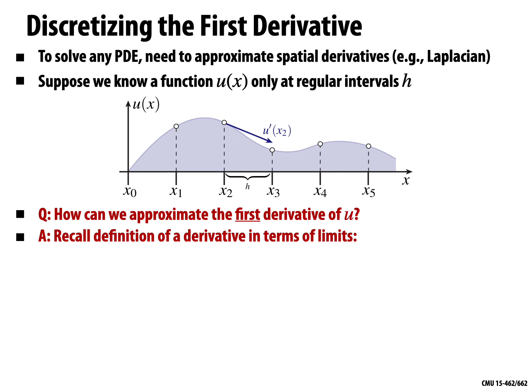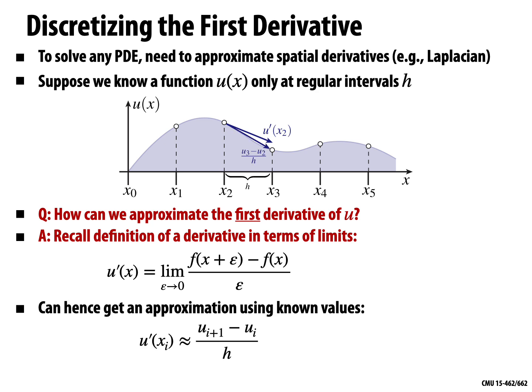Well, what we can do is just remember what is the definition of the derivative. We can recall that it is expressed in terms of a limit, right? The derivative of u at x is the limit as epsilon goes to 0 of f of x plus epsilon minus f of x over epsilon, rise over run, if you like. Okay, so we can approximate the derivative using values that we know. We can say, all right, I want to know the derivative at xi.